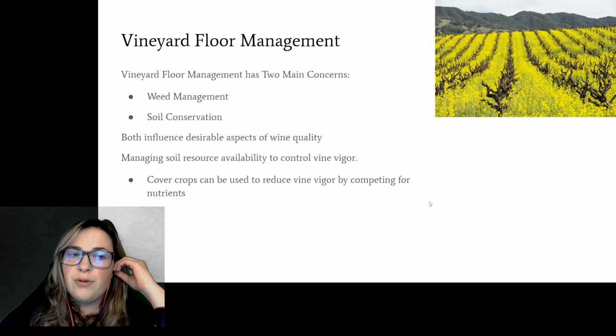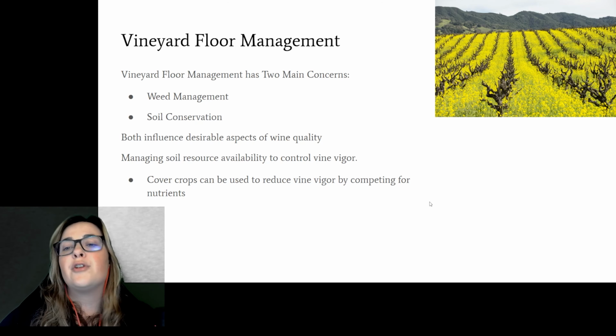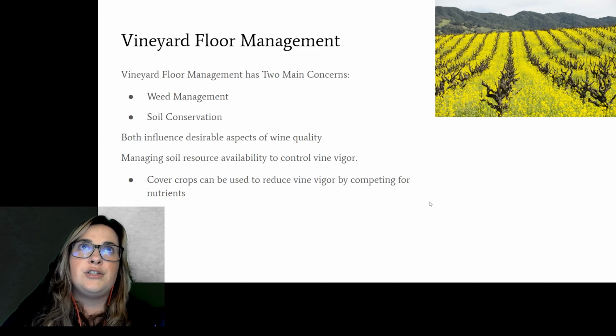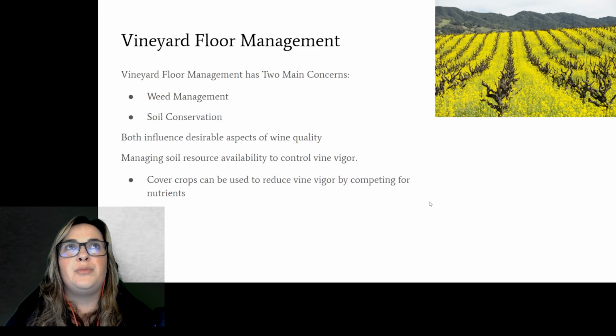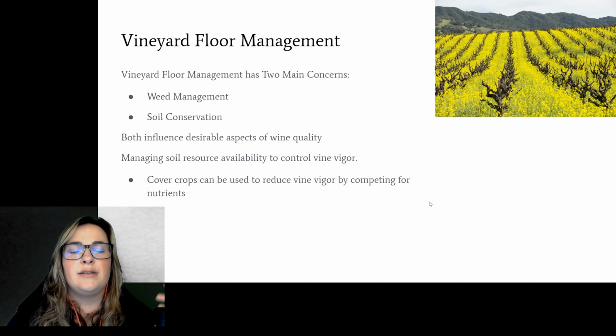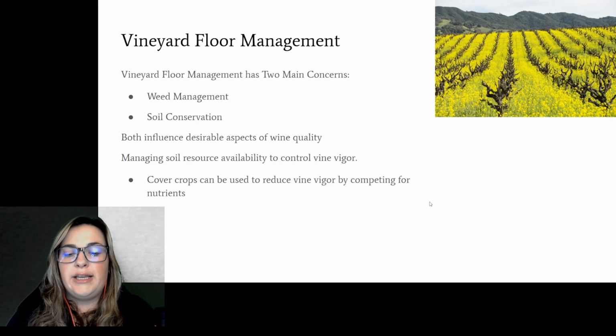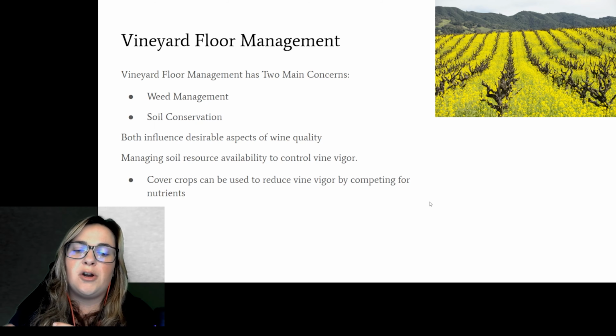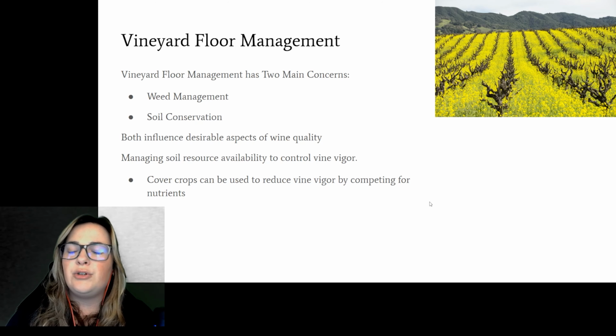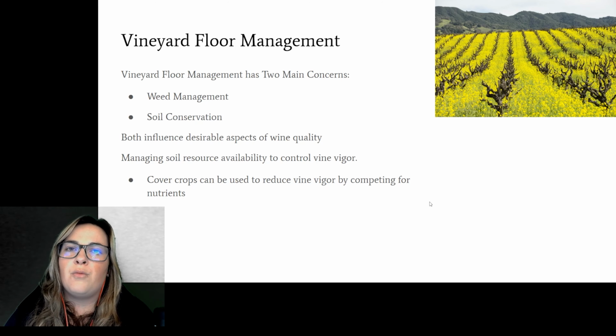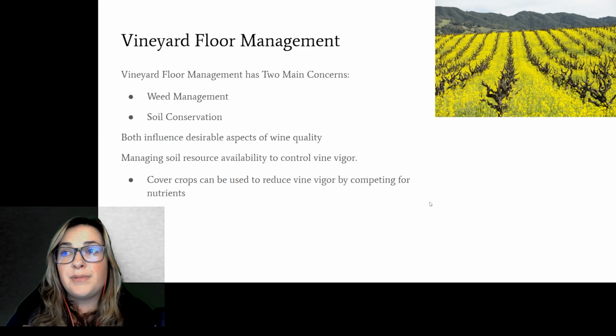So for vineyard floor management, this is really just mostly cover crops. The decision of what type of cover crop to plant can impact, it will help with nutrients and soil structure and help against erosion, but also you can add a competitor in for water and nutrients as well, depending on what you plant.